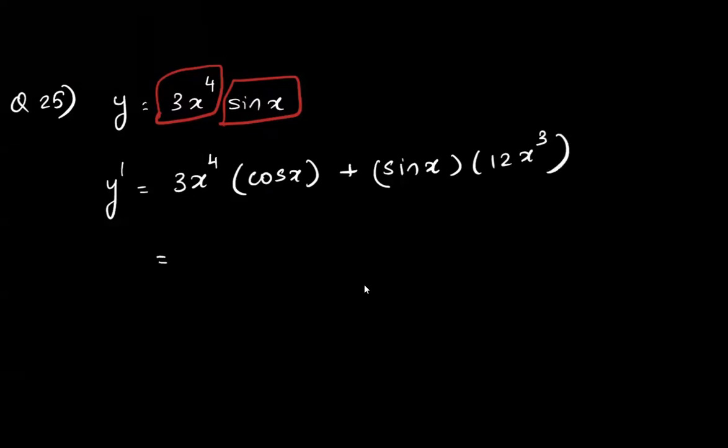So here you have to be very careful when you write your answer. So this is 3x to the power of 4 cosine x plus 12x cubed sine x. Now the most commonly made mistake is to multiply this x and the 12x cubed. You cannot do that. This x is the argument of sine. This is separate. So do not try to combine them. Bring it forward as the coefficient so that you will avoid that confusion.